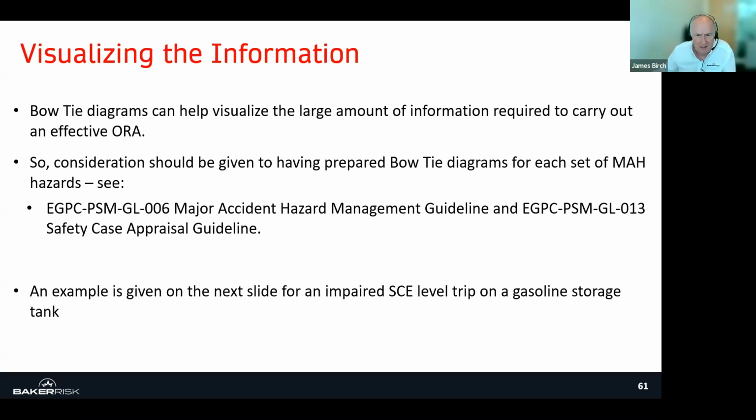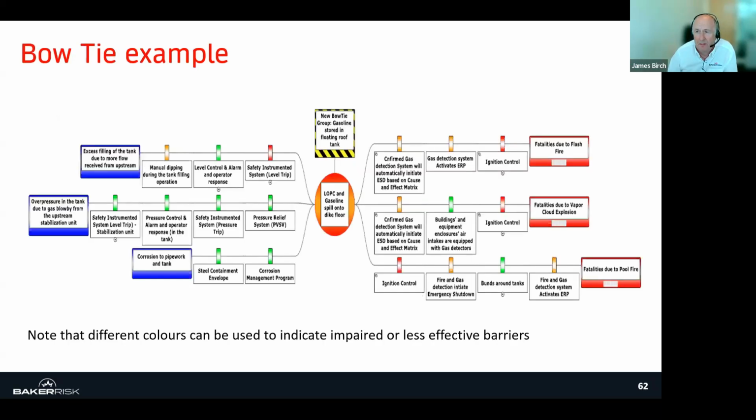So again, I've got an example here, which is to talk about, I have a large gasoline storage tank. The high level switch has failed. What do I do? So I'm now at risk of overfilling the tank.